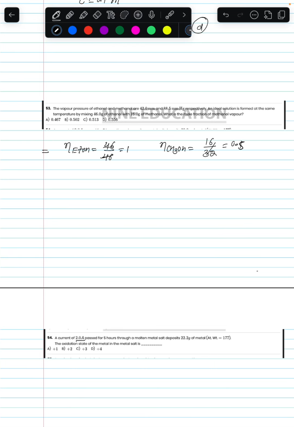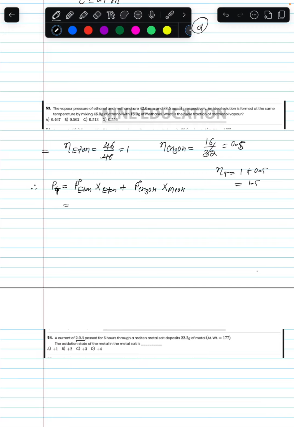0.5. So total number of moles will be 1 plus 0.5, that is 1.5. Therefore, according to Raoult's law, total pressure will be vapor pressure of pure ethanol into mole fraction of ethanol plus vapor pressure of pure methanol into mole fraction of methanol.